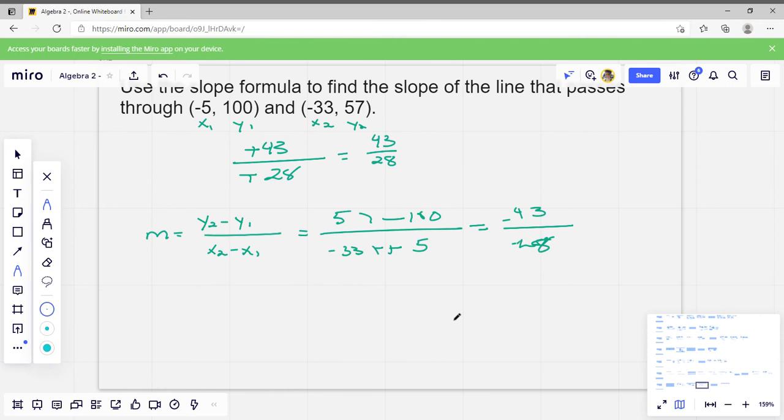Same thing, negatives cancel, and we get 43 over 28.